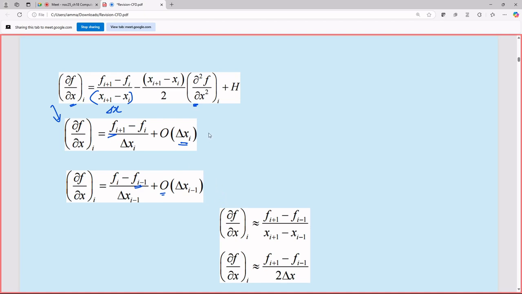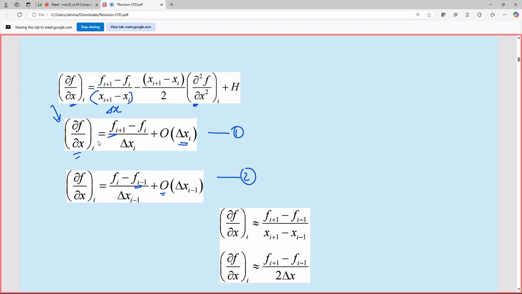So we got two equations for dou f by dou x. From that we can take an average of these two equations, because both of these equations are giving the same value.